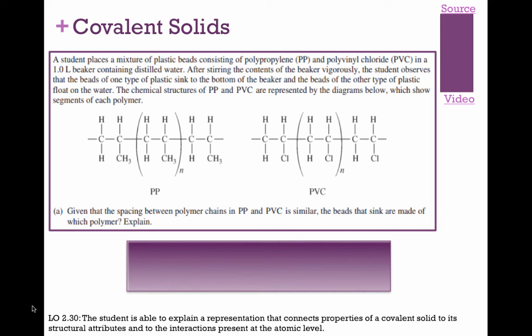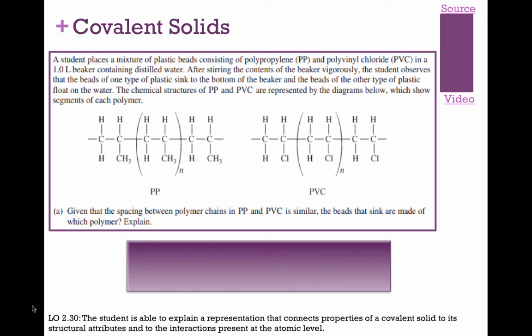Okay, with covalent solids, this was actually a free response question on last year's test, I believe, or 2 years ago. You have plastic beads that are either polypropylene or polyvinyl chloride, PP or PVC. You really don't need to know a lot about organic. You're only looking at what's in these parentheses. You add those to a beaker.